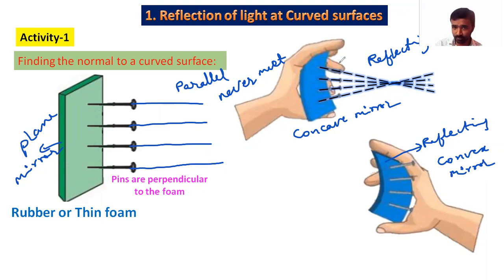Right? Here, what happens if I draw a straight line in the forward direction towards the reflecting surface side? Can they meet? Do they meet? Anybody?